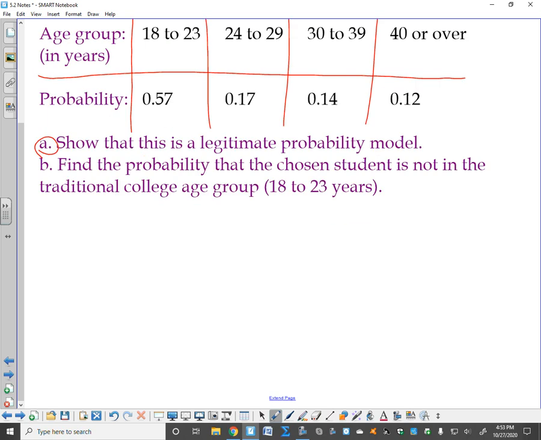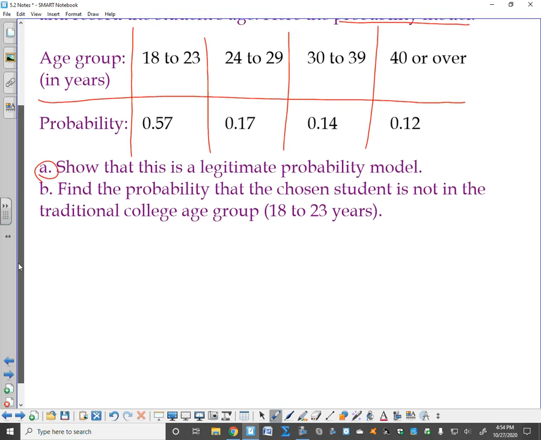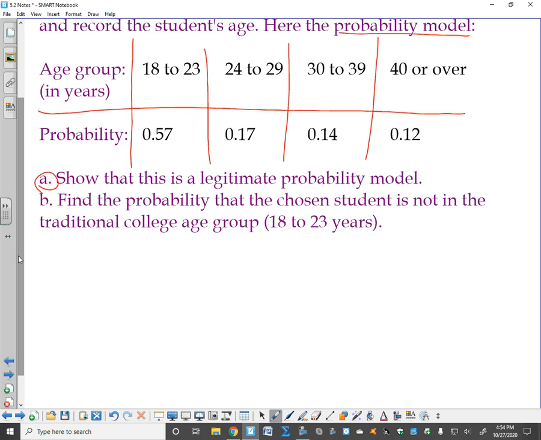Find the probability that the chosen student is not in the traditional college age group, which is 18 to 23. Okay, so I'm going to define event A. Now, this is a not, so I can do this 2 different ways, and I'm going to show you both.